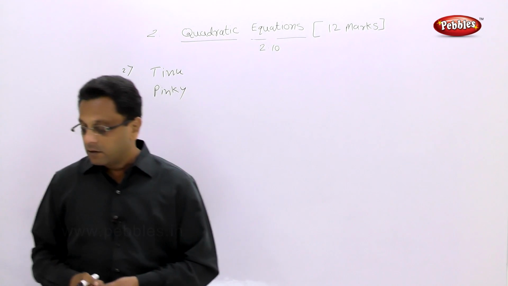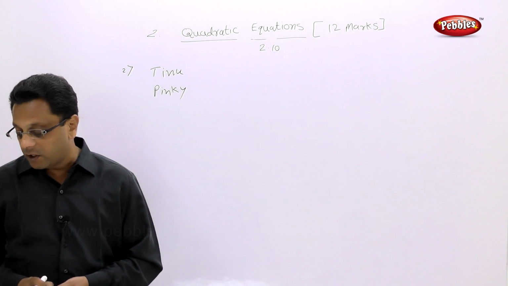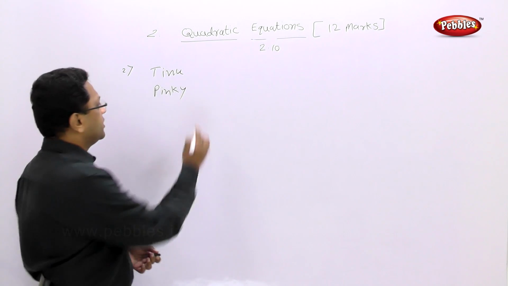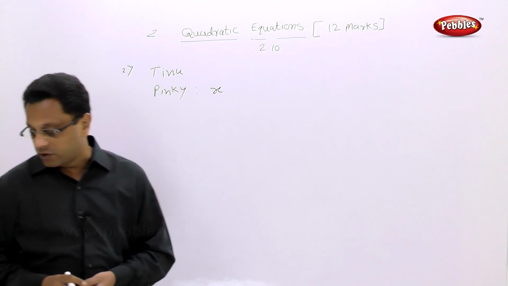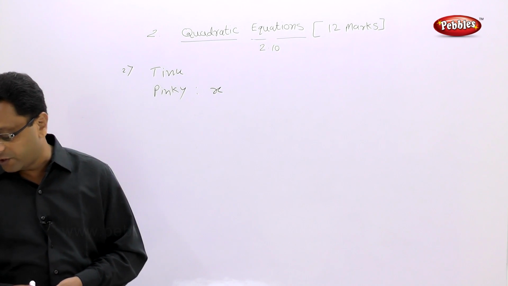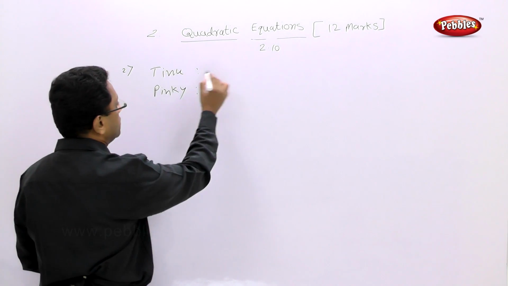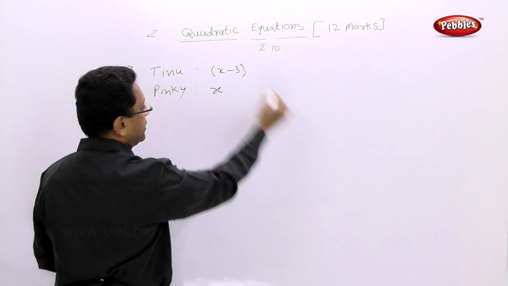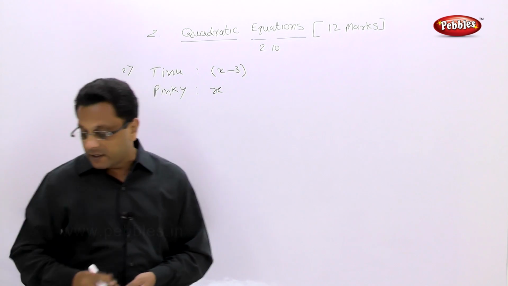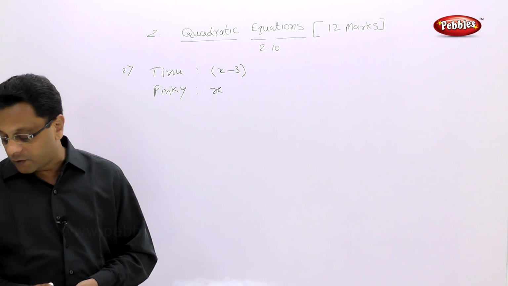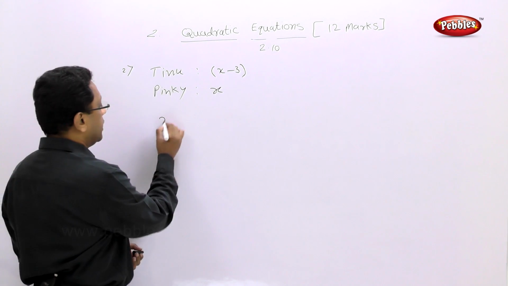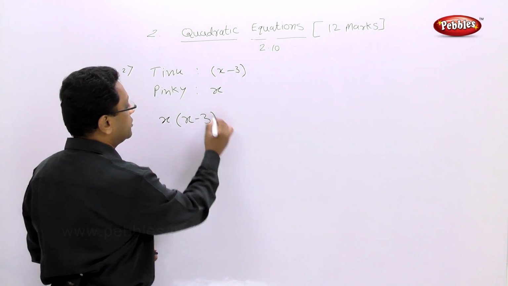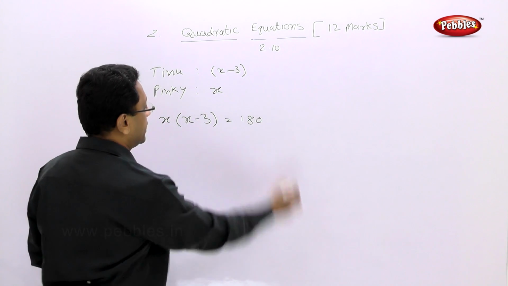They say that Tinu is younger than Pinky by 3 years. Let us say that Pinky's age is x and Tinu is younger by 3 years, so Tinu's age is x minus 3. Then they say that the product of the numbers denoting their ages is 180. So x into (x minus 3) is equal to 180.